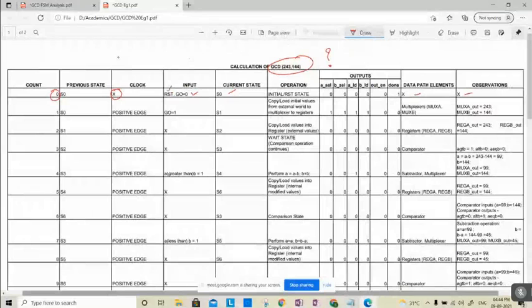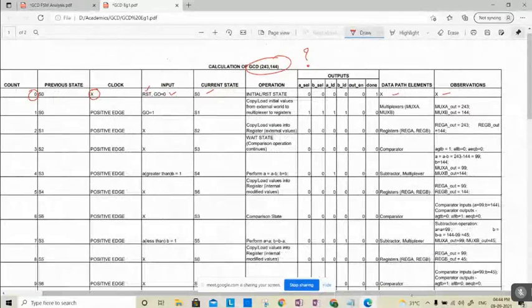Now after that, count is equal to 1. Count refers to the clock cycle count, first clock pulse. S0 is the previous state, positive edge has come, go is equal to 1. So it moves on to S1.